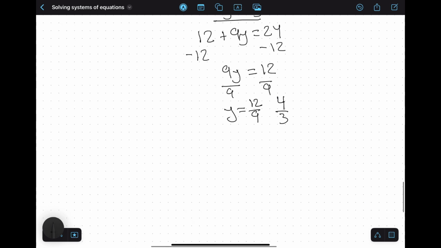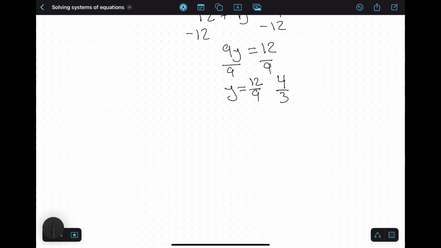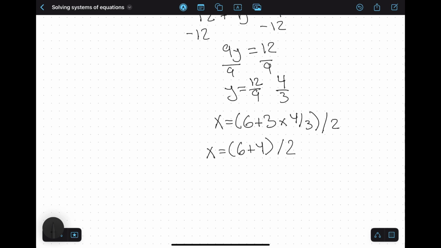So our last and final step is we're going to insert that into the other equation. So we're going to go x is equal to 6 plus 3 times 4 over 3, and divide that by 2, which will give us x is equal to 6 plus 4 divided by 2 equals 10 divided by 2 is equal to 5.